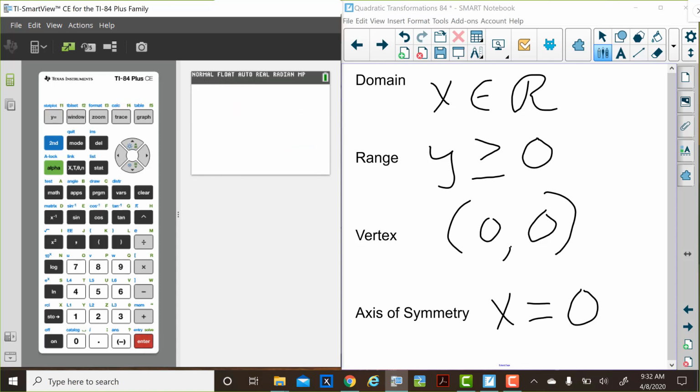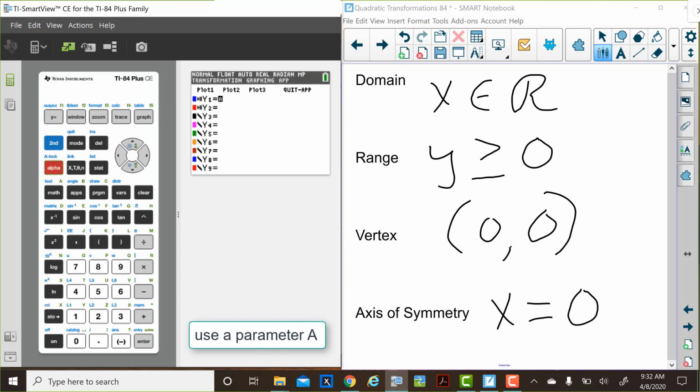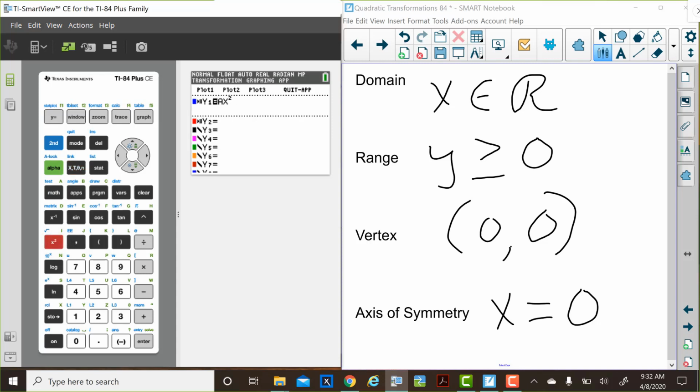Nothing looks different, but if we go to y equals, it does look a little bit different in our function graphing area. We're going to enter the function using a parameter a, and we're going to type a times x squared in y1, the letter a multiplied by x squared.